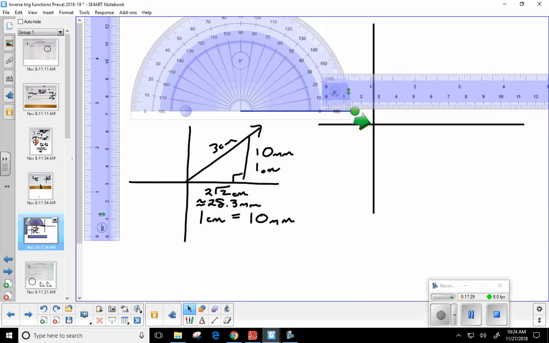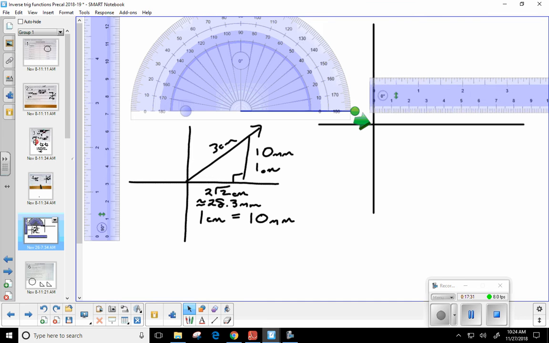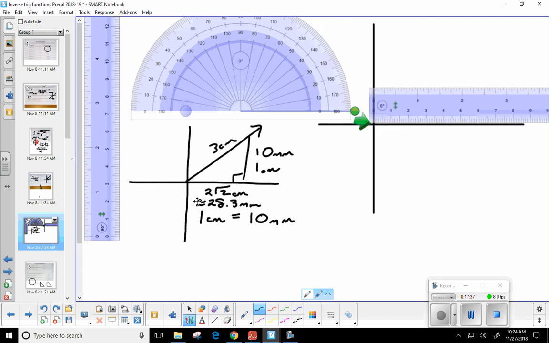Okay. So let's see here. Got my ruler ready to go, and if your protractor has a ruler on it, that's perfect. So I want to go 28.3, and every centimeter is 10. So 10, 20, 25, 26, 27, 28.3. I'd say maybe right about there. Would you guys agree where I put my dot?